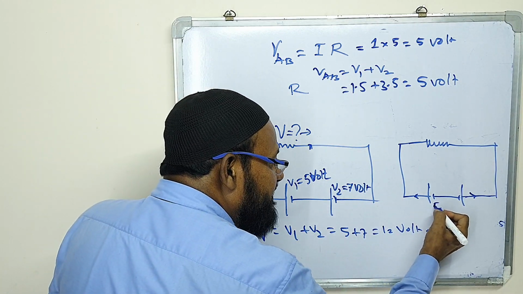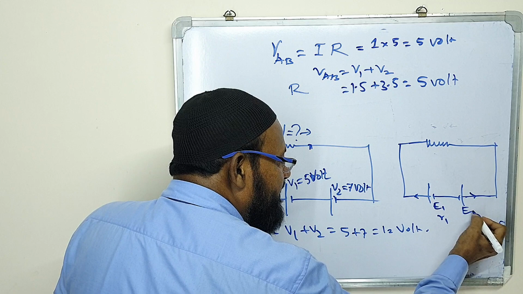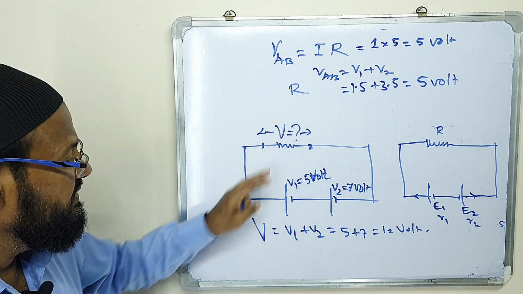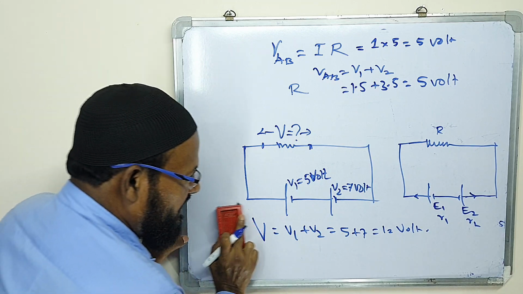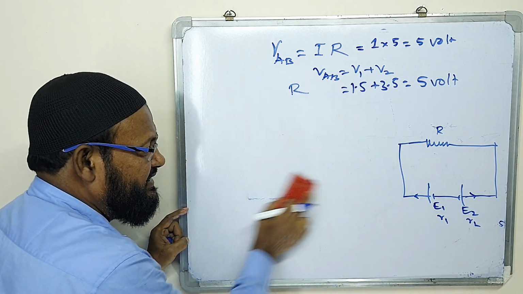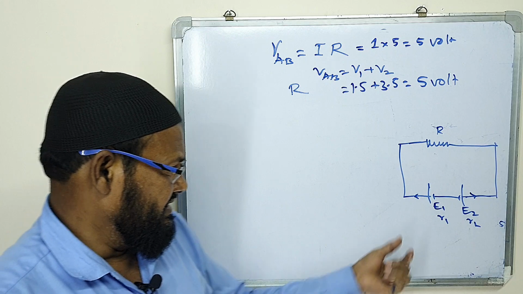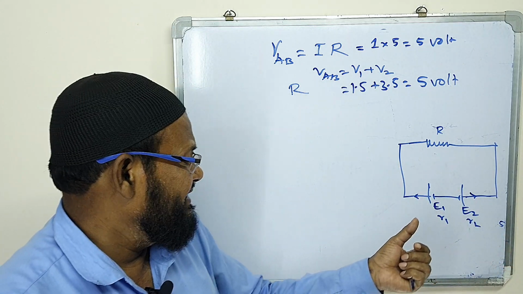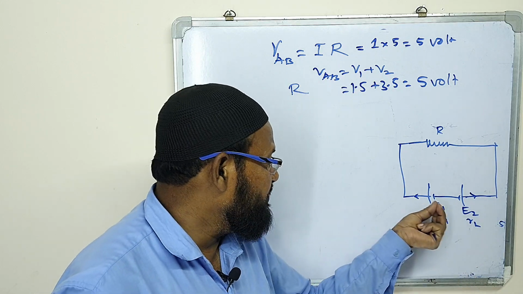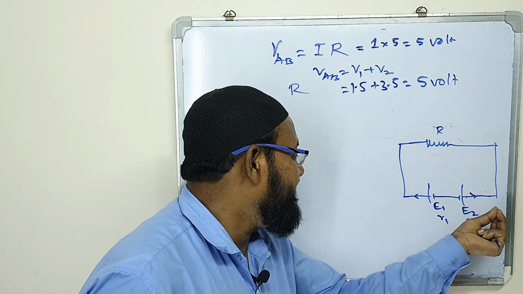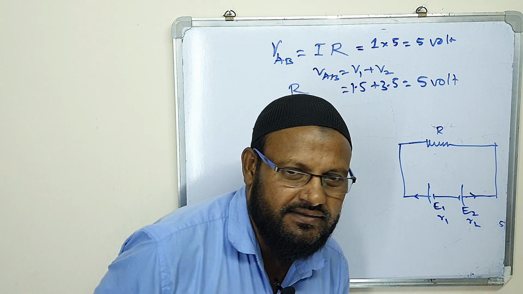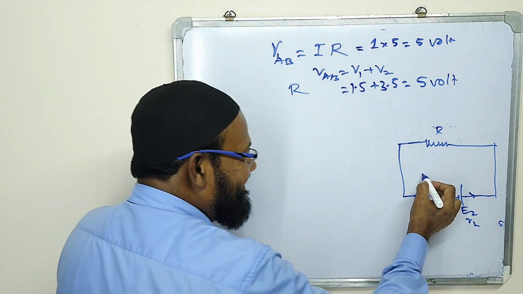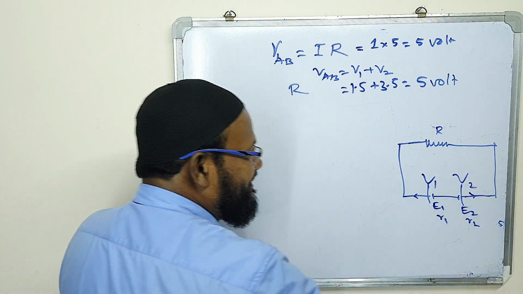Here we have to see E1 R1, E2 R2. Suppose this is R. I am deleting this part. Please see. This is E1, this is E2. They have a tendency to send current in two directions, in this direction and in this direction. In this case, suppose here V1 is the potential difference, here V2.